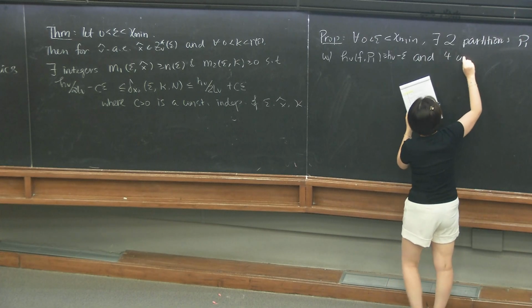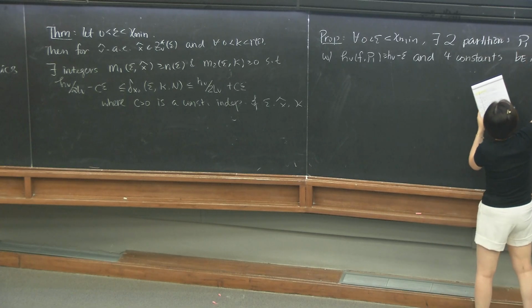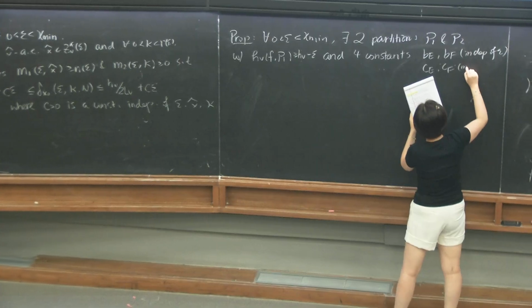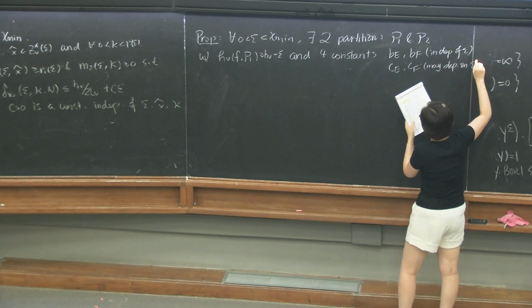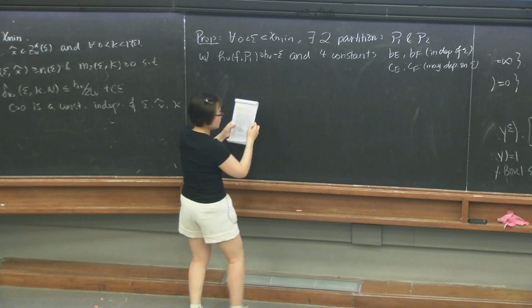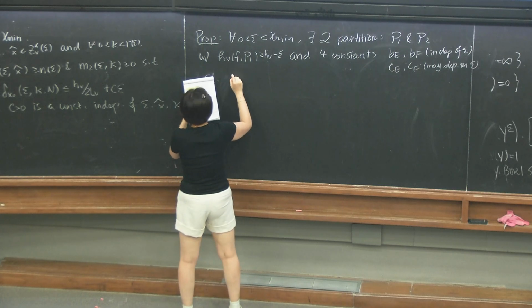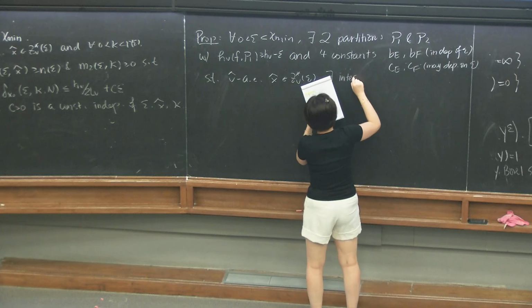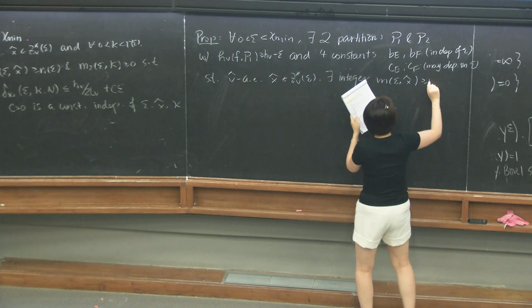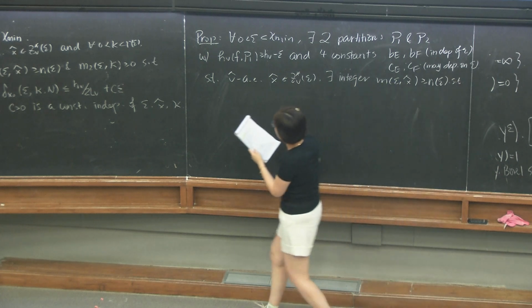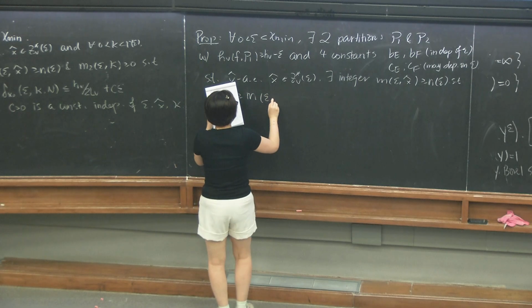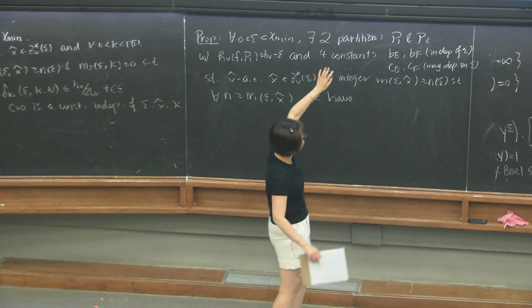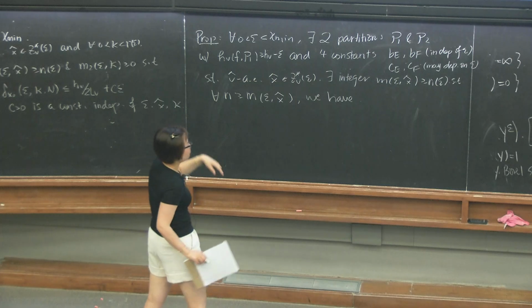There are four constants, BE and BF, which are independent of epsilon, and CE and CF, which may depend on epsilon, such that for nu almost every x hat there exists an integer m, the number that's in the theorem, such that for all n greater than or equal to m of epsilon and x hat, the nth generation of the partition contains some ellipse so that you can estimate.